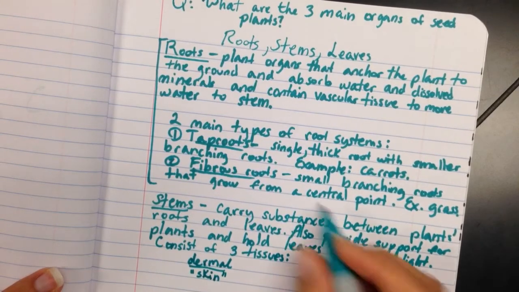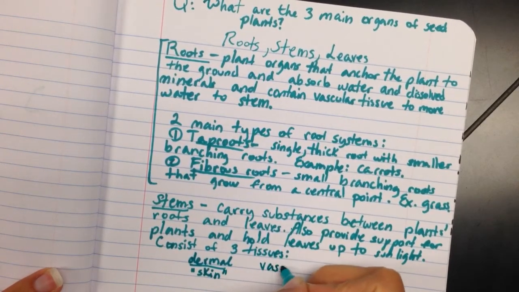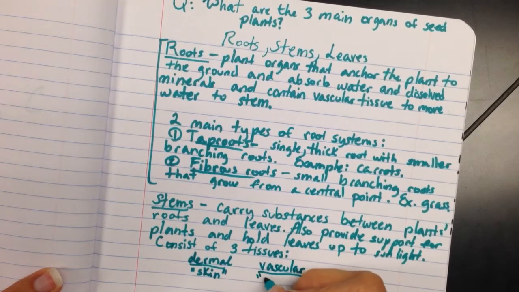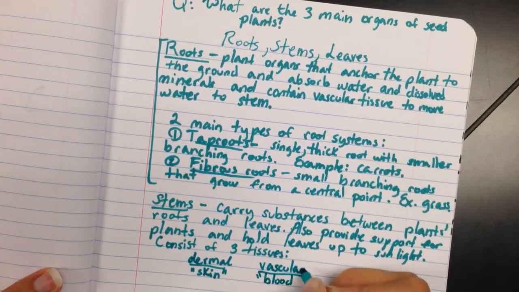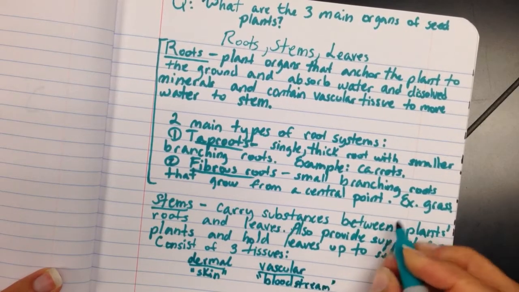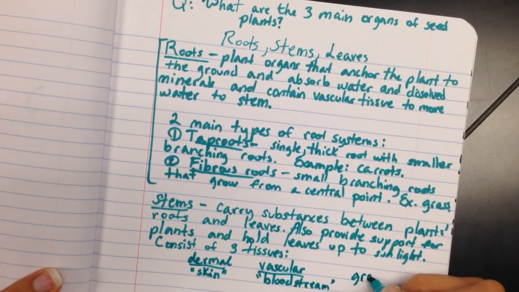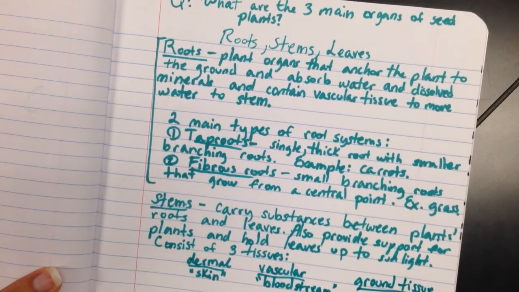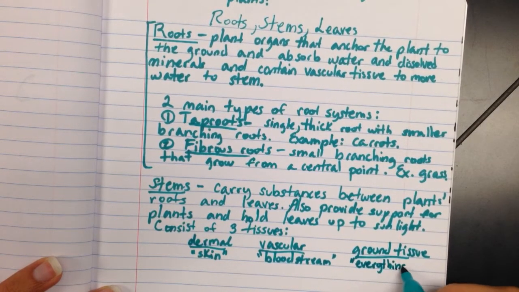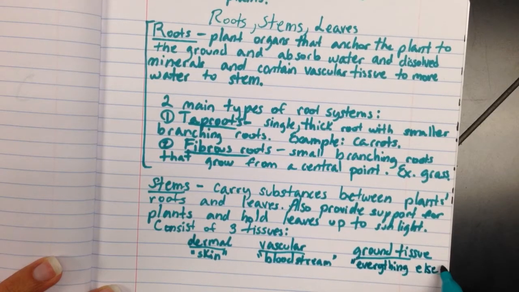Then there's the vascular tissue, which is similar to our bloodstream. It's what takes all the liquids around. And then the ground tissue, which is really just everything else. Every other structure in the stem.